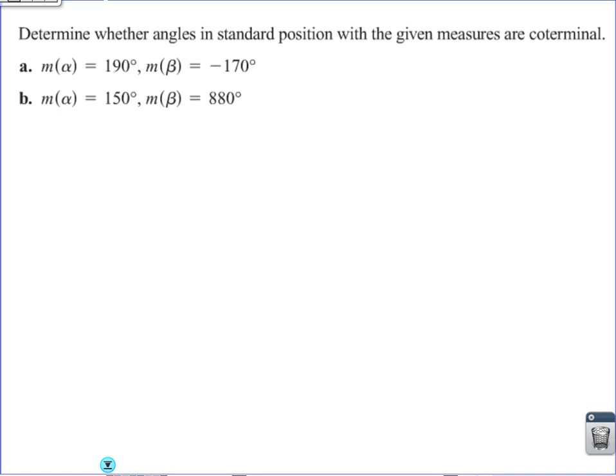Determine whether these are coterminal. Same thing. You have a 190 degree angle. Take 360 from that. What do you get? Take 190, take away 360, you end up with negative 170. Are those coterminal? Yeah. Take 150. Here, we'll do this one together.